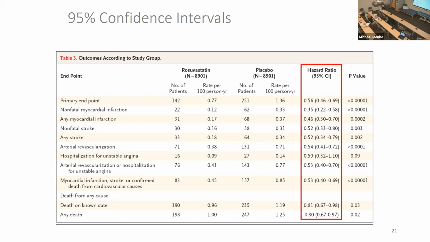They're saying our best guess is that the rosuvastatin yields the primary endpoint, whatever that is, about half the times that placebo does, i.e. it's protective. But we think it's about 56% of the time, but truly it's somewhere between 46% and 69% with 95% certainty. It's somewhere within that range.